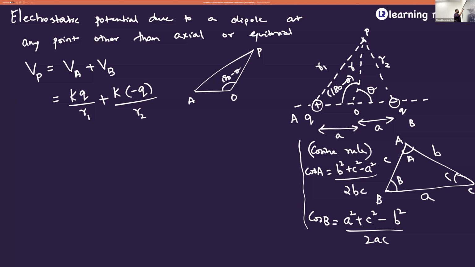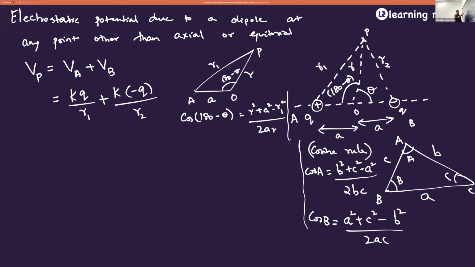This is R1, this is R, then this side is going to be A. So cos of this angle is equal to A square plus R square, or R square plus A square, minus R1 square divided by 2 times AR.